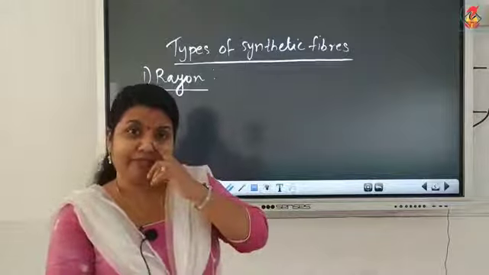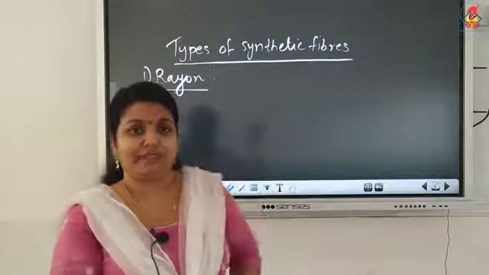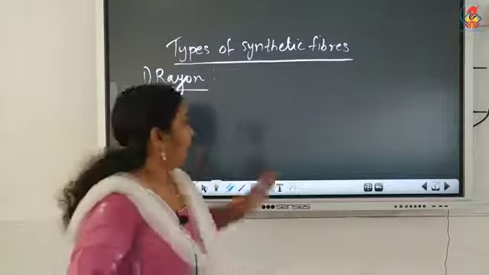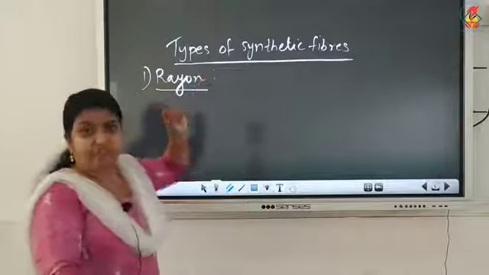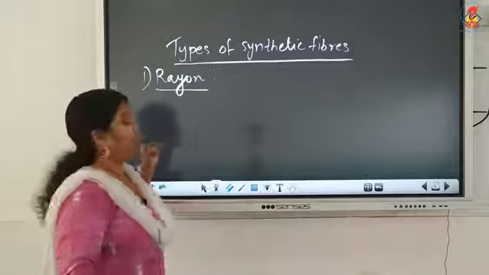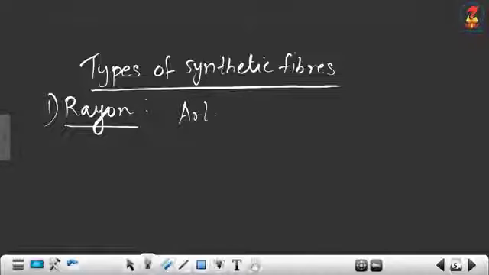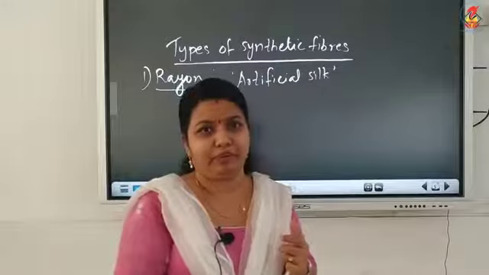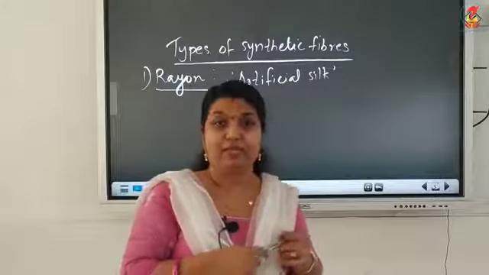Finally, towards the end of the 19th century, they succeeded in making a synthetic fiber which resembles silk in its properties, and it was termed rayon. They call it artificial silk. So the beautiful texture of silk fascinated everyone, but not all people could afford buying silk fabrics because of its cost.